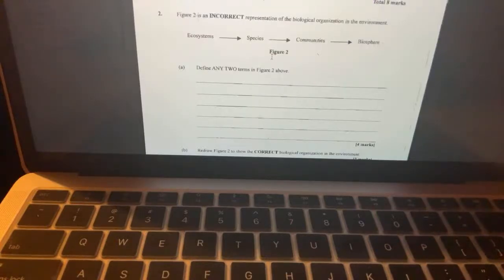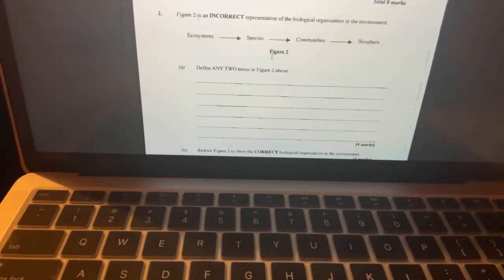Let's check in the chat there. What's next to define? We have species. What is the right definition for species? It is a group of organisms that can interbreed and produce viable offspring.